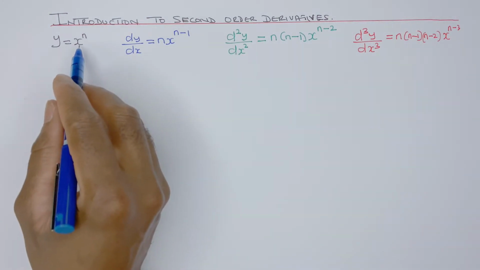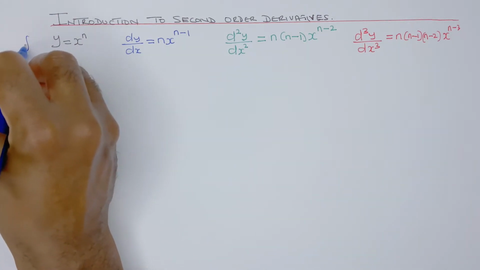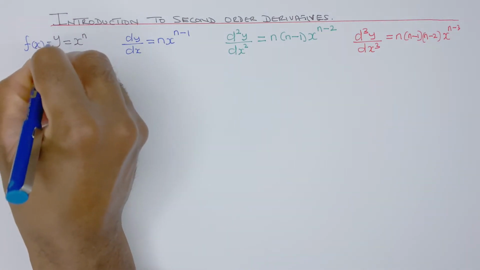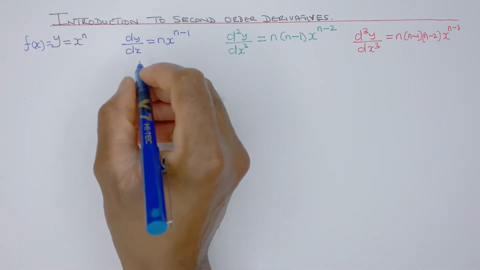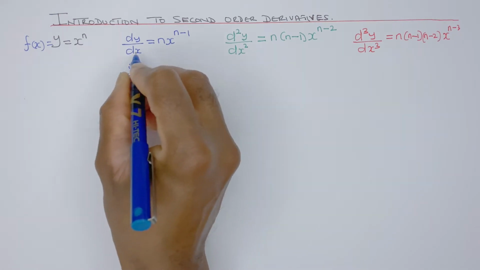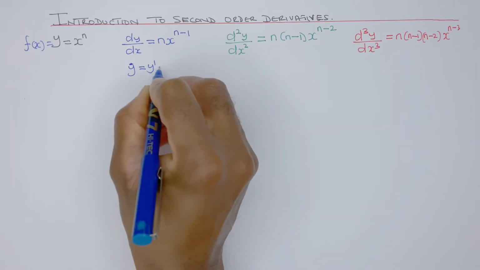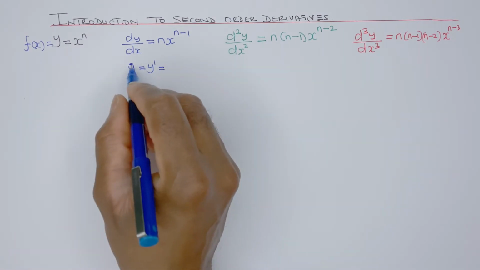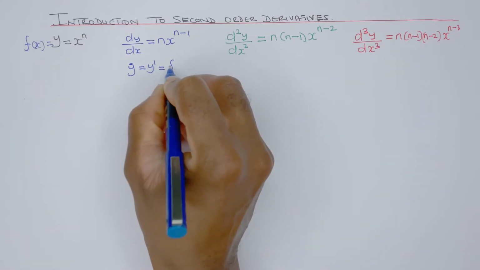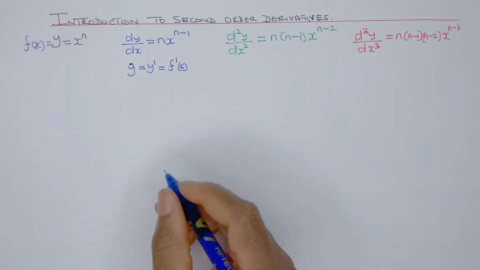y equals x to the power of n. That's also called f of x, which equals y. But we can also call the first order derivative y dot, or y dash, or f dash x. So that's the first order derivative.